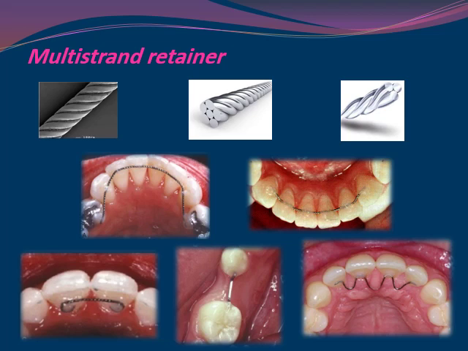Or we can make certain modifications of the stainless steel wire, small U-loops, or a zigzag shape, to make maintenance of oral hygiene easier, so that tooth brushing and flossing will be easier compared with the other type of multi-strand retainer. All these types of retainers are considered multi-strand retainers.